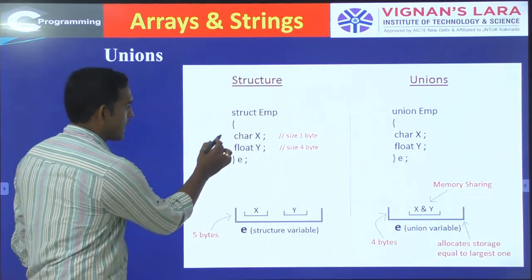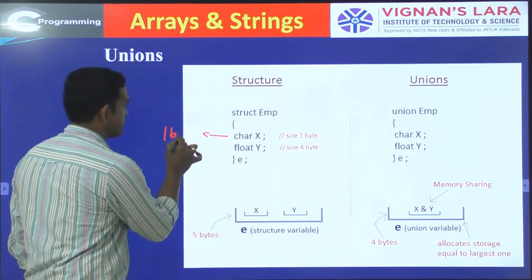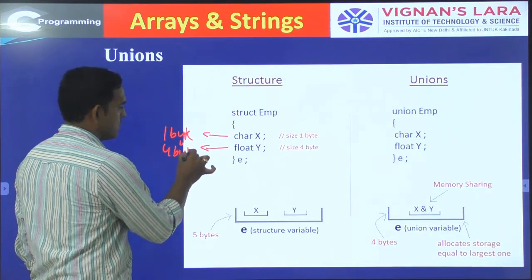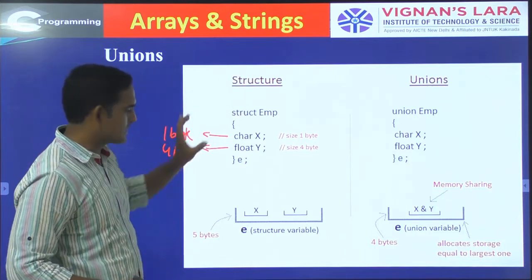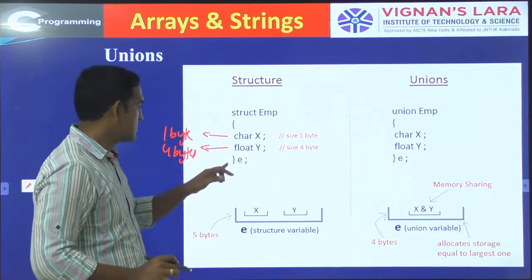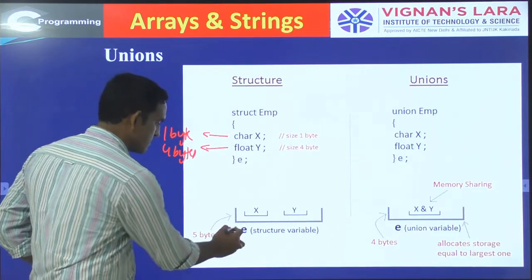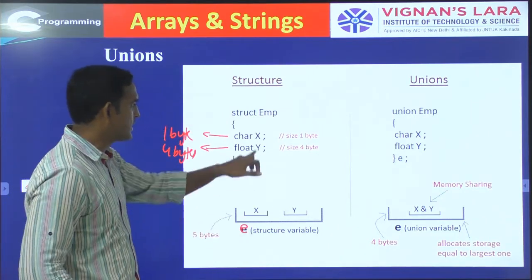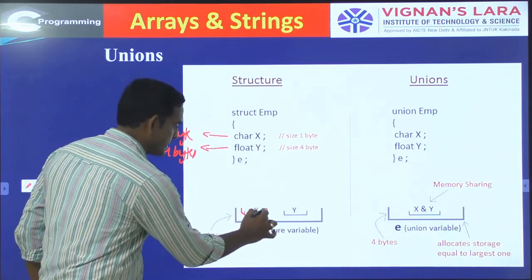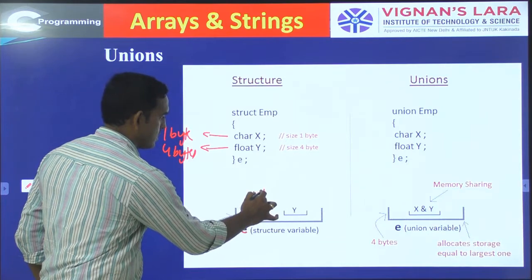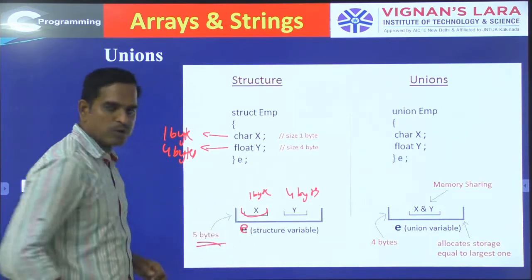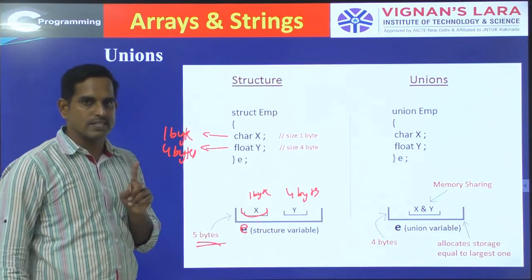When you see char x, it is 1 byte, and float means it is 4 bytes. Since it is a structure, it will have memory for each and every variable. That is, when I create a variable E, the structure variable will contain both x and y memory. That is, there will be 1 byte for x and 4 bytes for y. So complete 5 bytes of memory will be assigned for one structure variable.